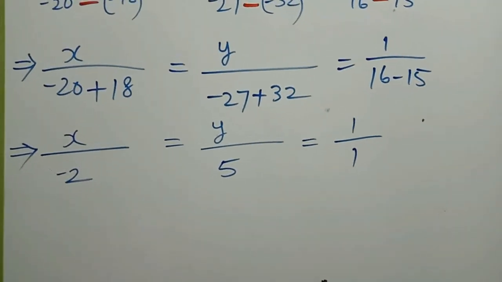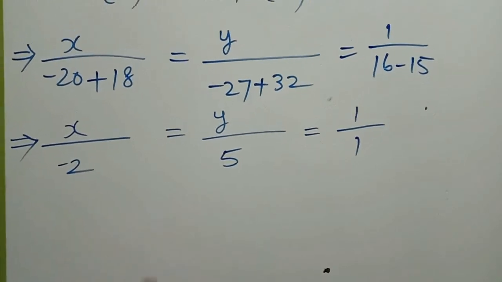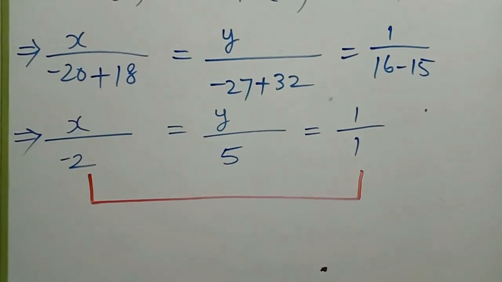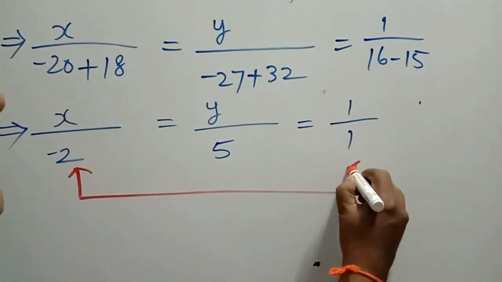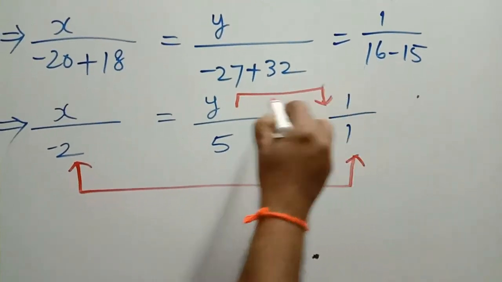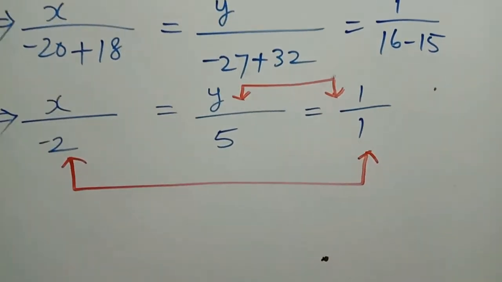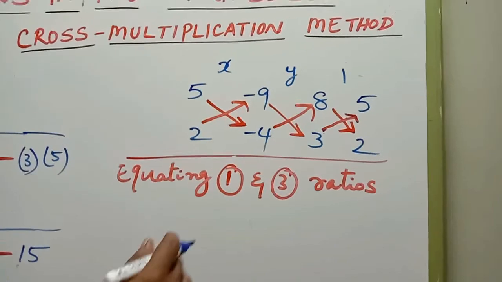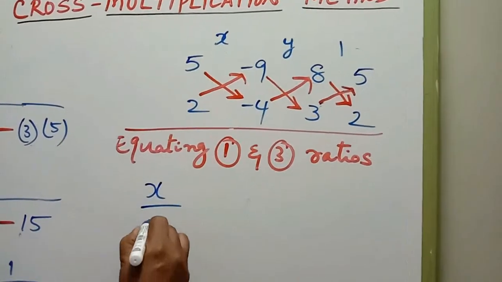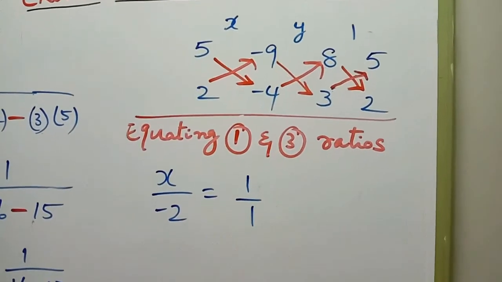Now to get the x value, equate the ratios 1 and 3. To get the y value, equate the ratios 2 and 3. Equating the first and third ratios, x by minus 2 is equal to 1 by 1, and 1 by 1 is nothing but 1.